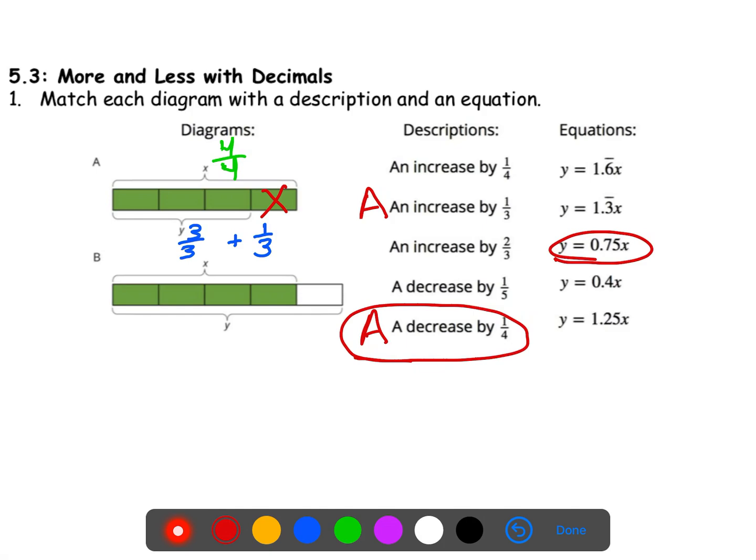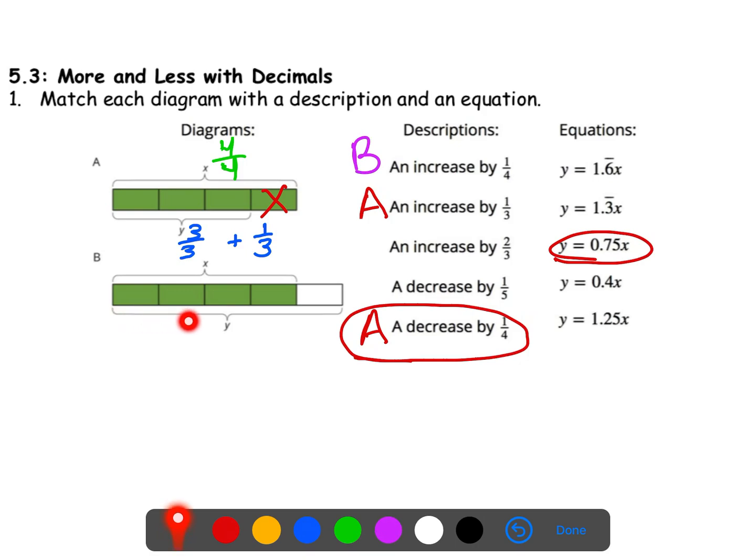All right, now take a moment and look at B. And let's determine the 2 descriptions that are going to describe figure B, and then we'll find the 1 equation that would represent it. For figure B, if we look starting with the x amount, x is made up here of 1, 2, 3, 4 parts, 4/4. And to equal y, we would have to increase it another part, another 1/4. We'd be increasing by 1/4. So for B, we would use this description here, an increase by 1/4.